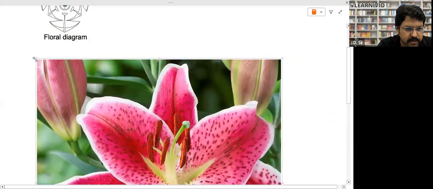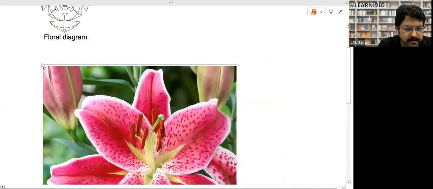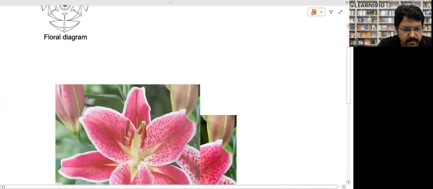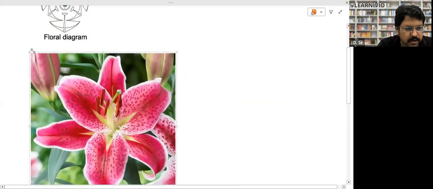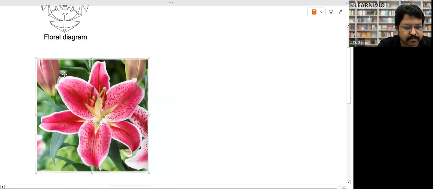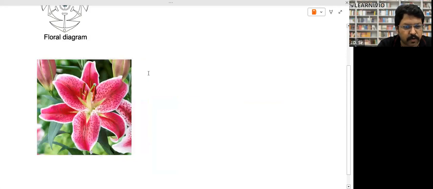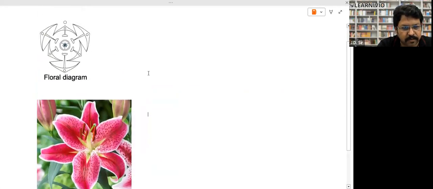Very common. You must have given it to someone on their birthday. It's a bit costly, but sometimes people give it on birthdays, wedding anniversaries, and good occasions. It's costly, but it's a very beautiful flower.